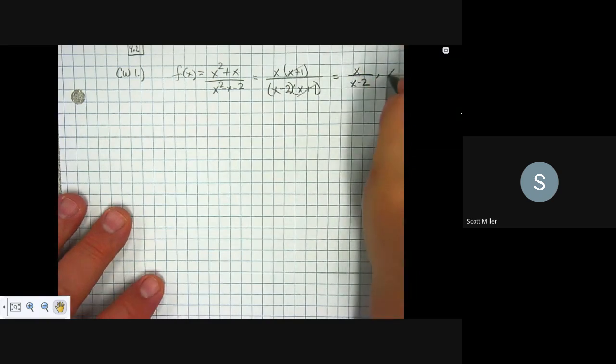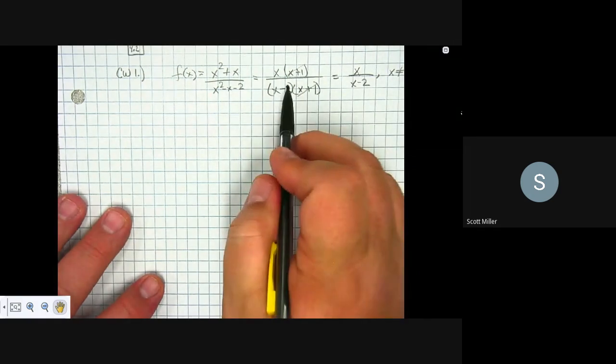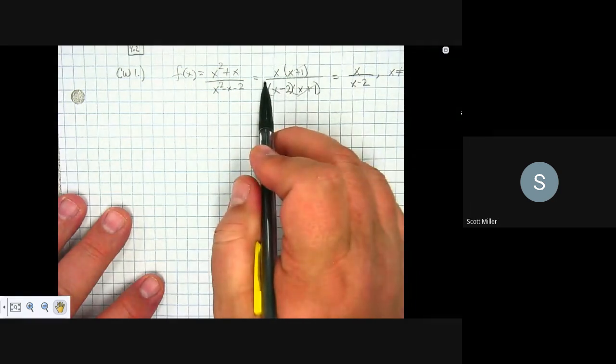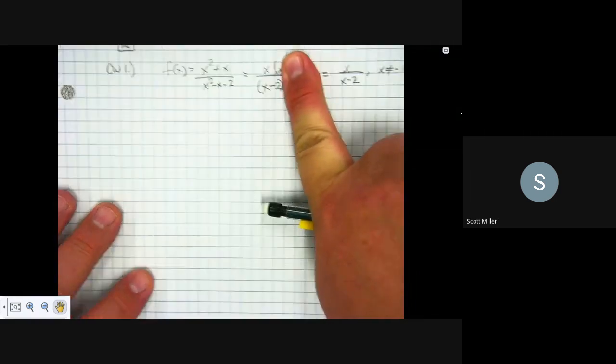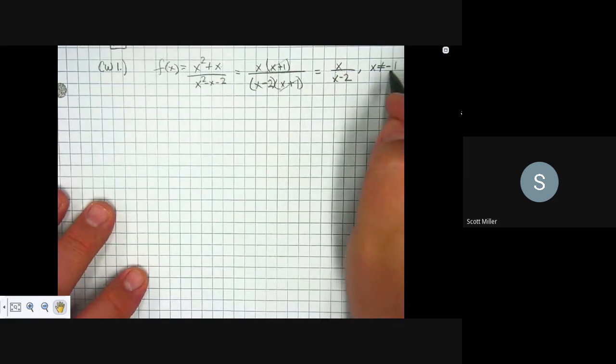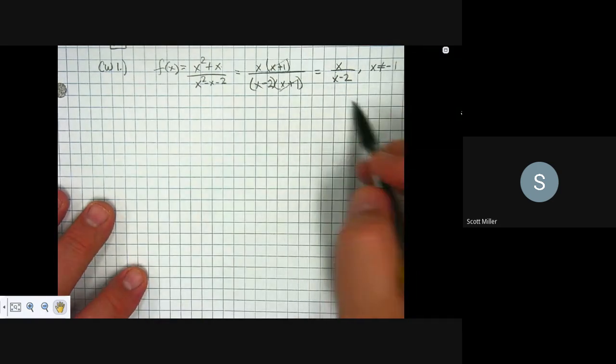You need to write x cannot equal negative 1 because it's in the bottom, so it can't be 0 in the bottom. But if I remove it, you can't see it anymore, so you don't know that it was there. So you need to tell me that it was there by telling me that x cannot equal negative 1. This will also continue off into your domain, so don't forget it. You have to show that this way. This is how you need to write it.